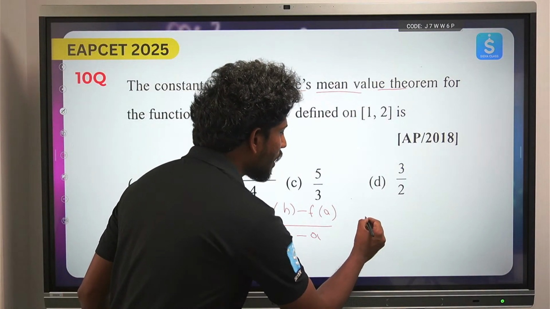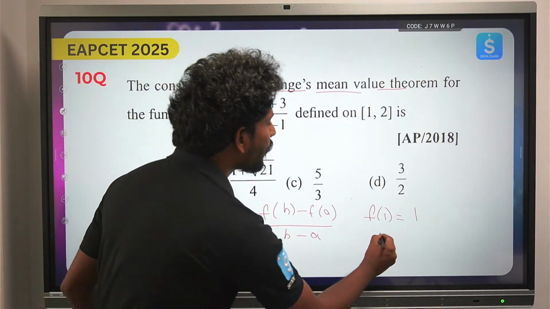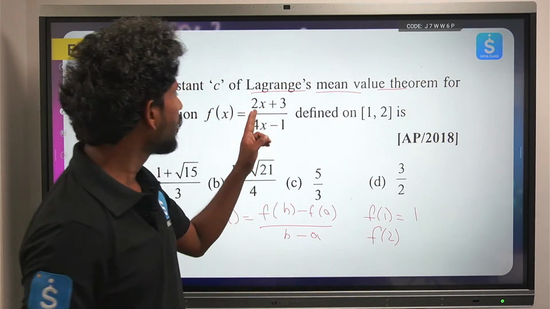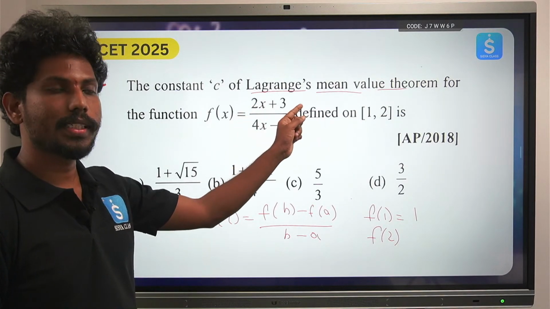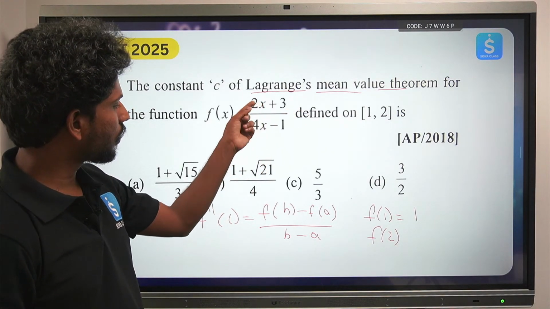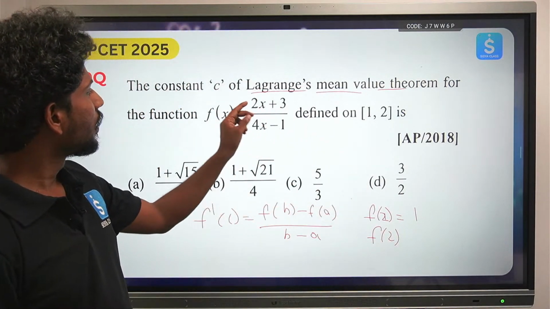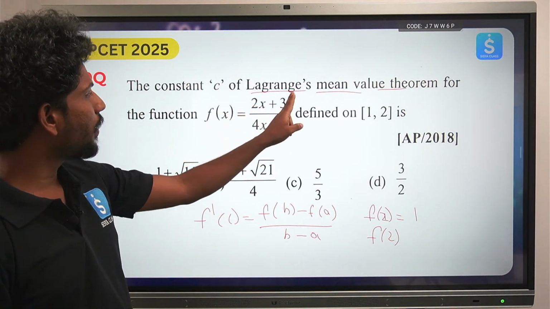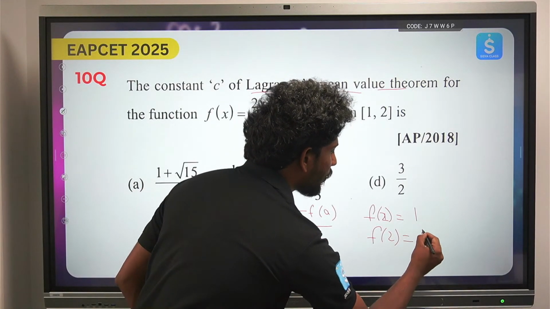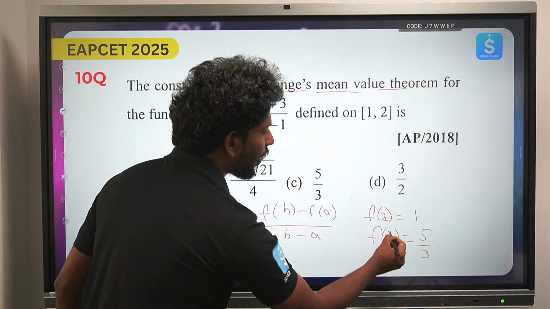So f of 2 is equal to 1. What is f of 1 value? 2 plus 3 is 5. So this will become 5 by 3. So f of 1 value is 5 by 3.